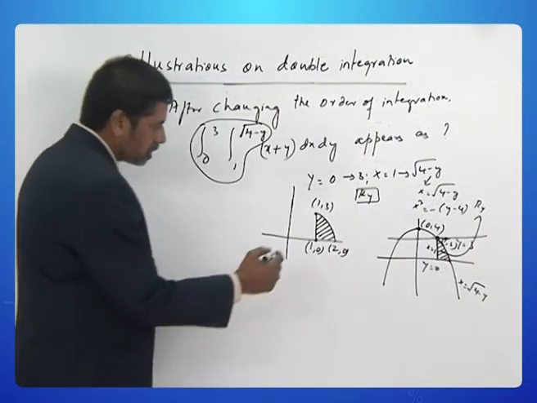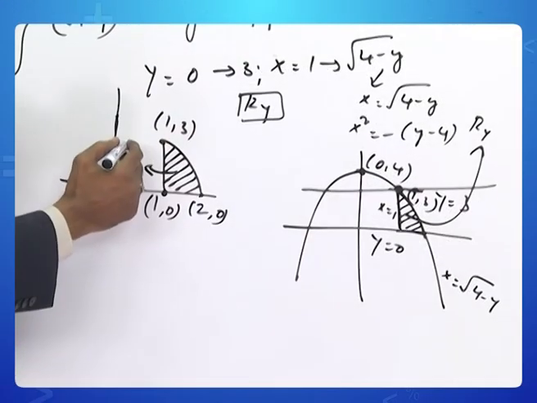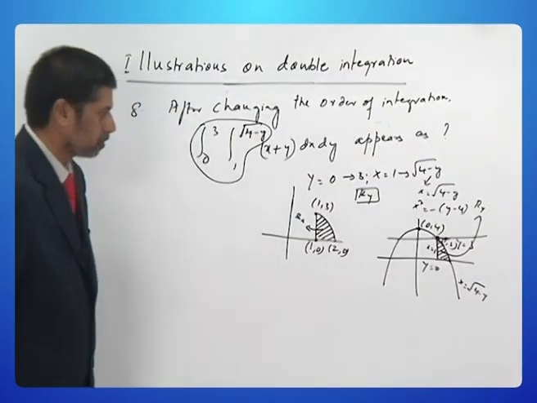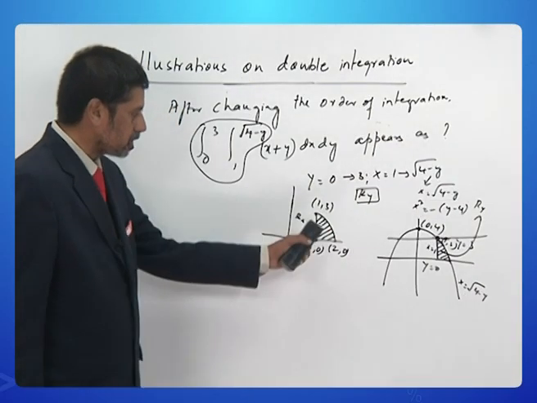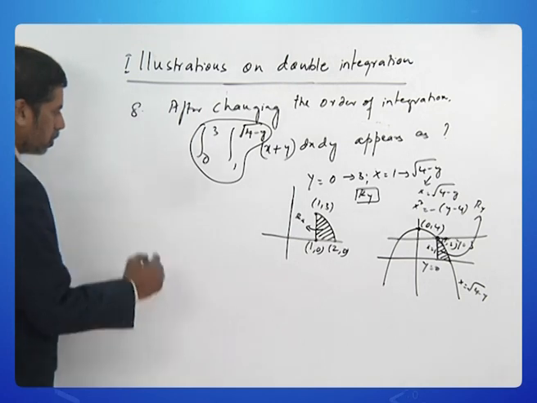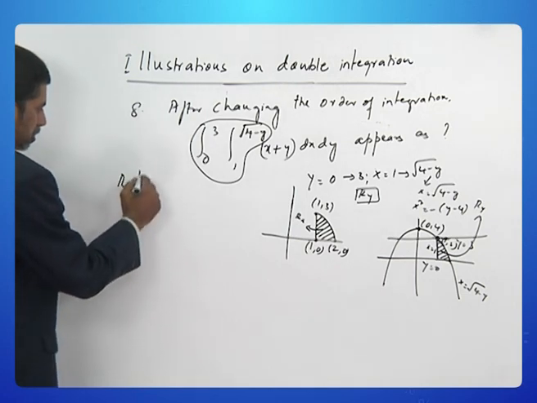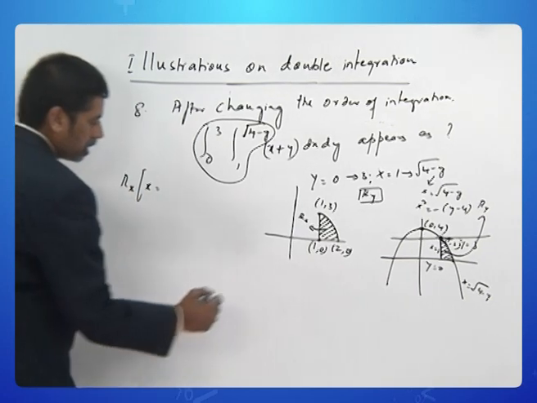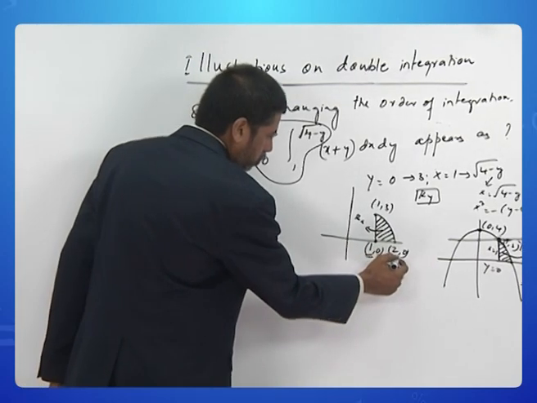So, I want to see this region as an Rx region. Because that was Ry, I should see this as Rx. So, for this Rx region, let us first write x limits. X is equal to 1 to x is equal to 2.